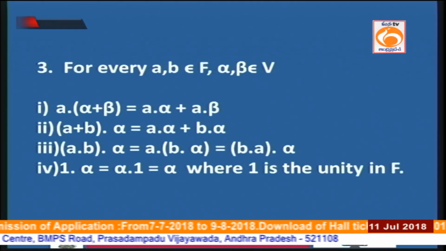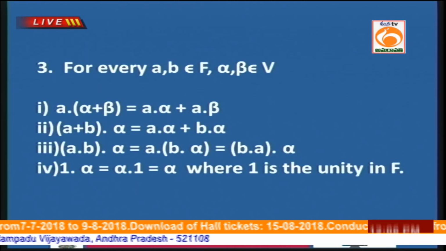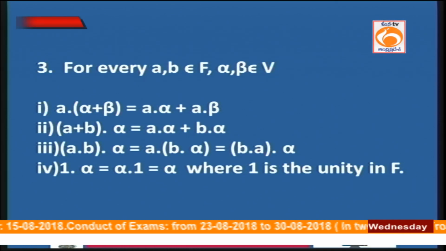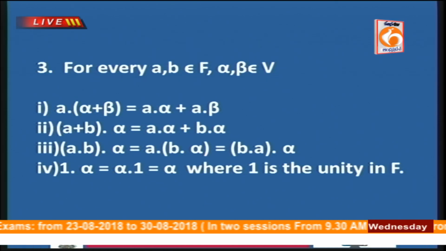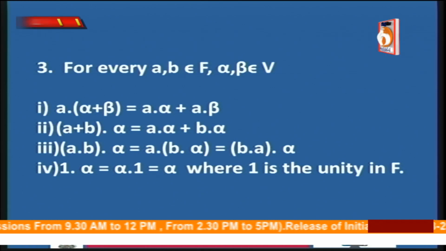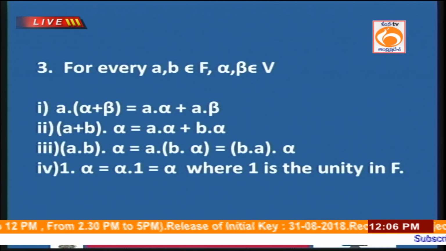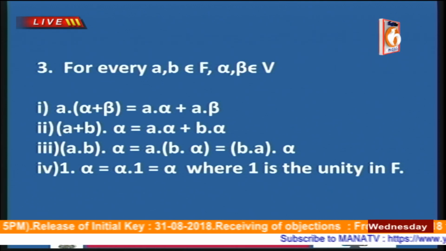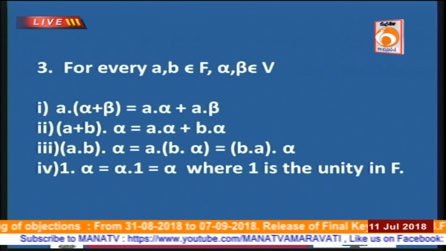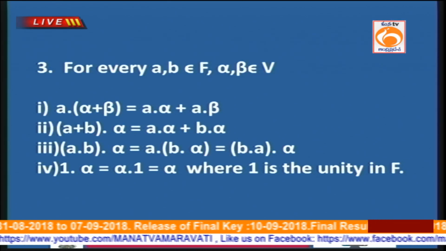Let us look at the third axiom. For every a, b belonging to F, and alpha, beta belonging to V. I am taking two elements from the field F and two elements alpha, beta from V. There are four conditions under the third axiom. The first one is a dot (alpha plus beta) should be equal to a dot alpha plus a dot beta.